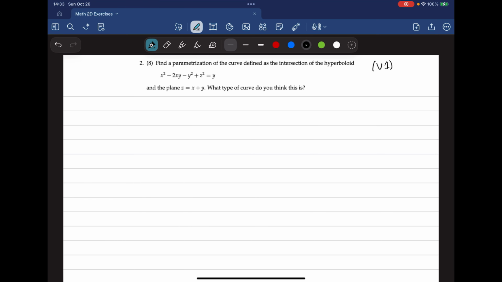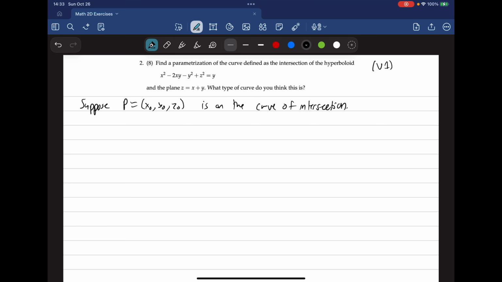So let me explain what I mean. Suppose P equals, so this is our point with coordinates x naught, y naught, and z naught. We're going to suppose that this is on the curve of intersection.